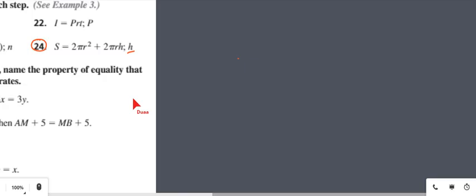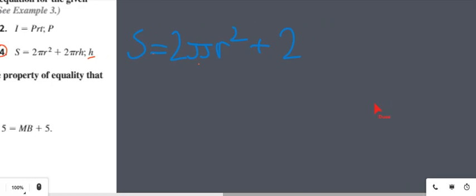Then by using the basic properties of equality, we have to solve it. s minus 2 pi r squared equals 2 pi r h. This is the equality sign.